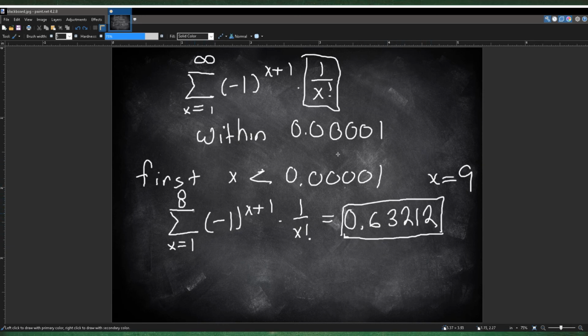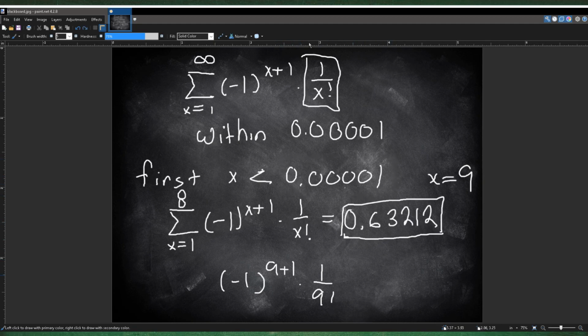But if we plug in the summation from x equal to 1 up to 9, then we have negative 1 to the 9 plus 1 times 1 over 9 factorial, which is smaller than this, so it makes no change to this answer if you're approximating within this interval.